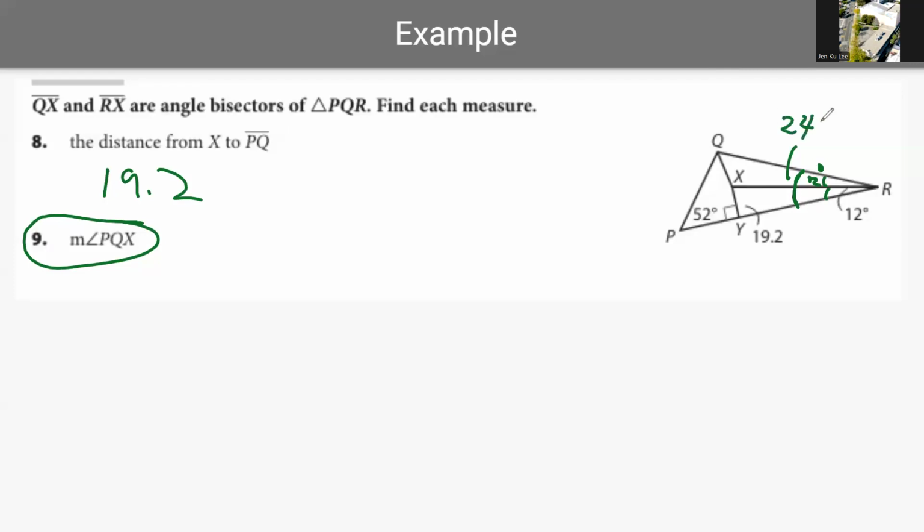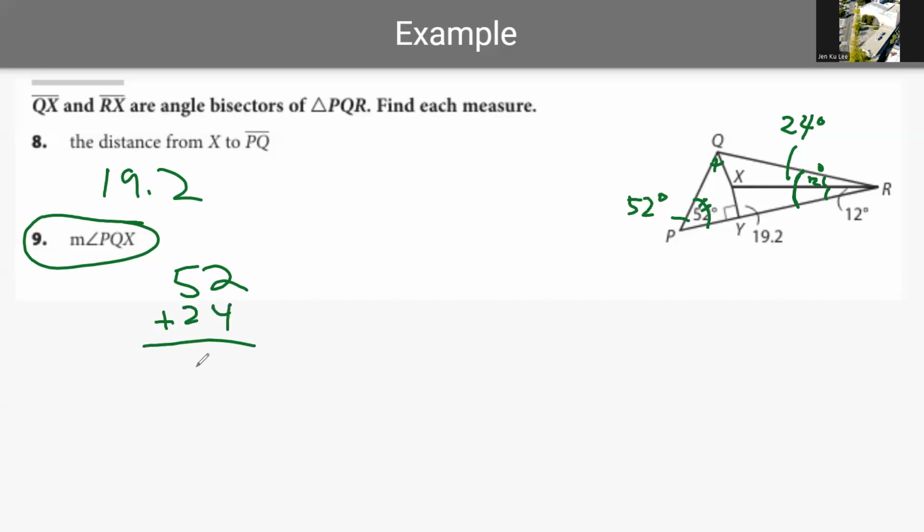Correct? This is 24 degrees, the whole angle. I know this triangle PQR, this angle P is 52 degrees. So how do I find PQX? Half of PQR. Well, I'm going to add 52 with 24.